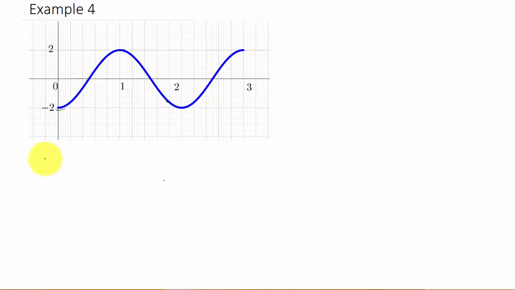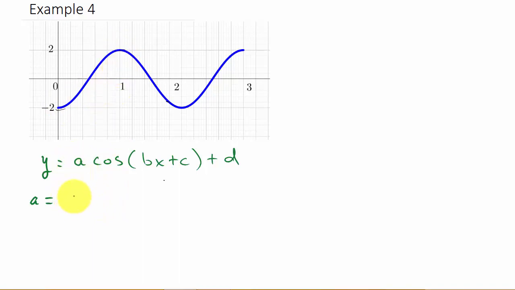All right, so we know that our function is going to be in the form a cosine of b times x plus c, plus d. That's the form of a trig function, where c represents any horizontal shift and d represents a vertical shift. From this graph, we can see that a, its max and min values are 2 and negative 2.